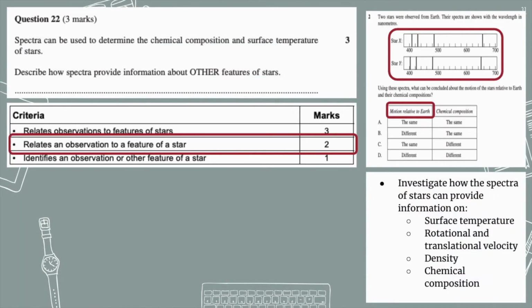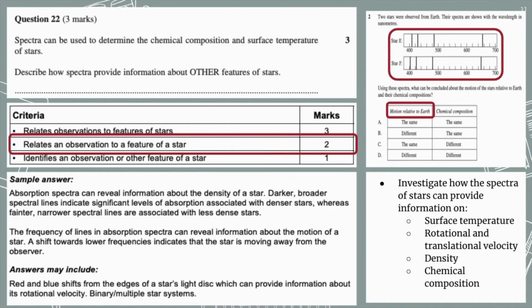If I have a look at the dot point, I remember that rotational and translational velocity can be mentioned. So then it's just simply up to me which second feature I'm going to include in my answer. We can see here that we are talking about the density of the star as a result of the absorption and narrow spectral lines with less dense stars. So the sample answer has addressed density.